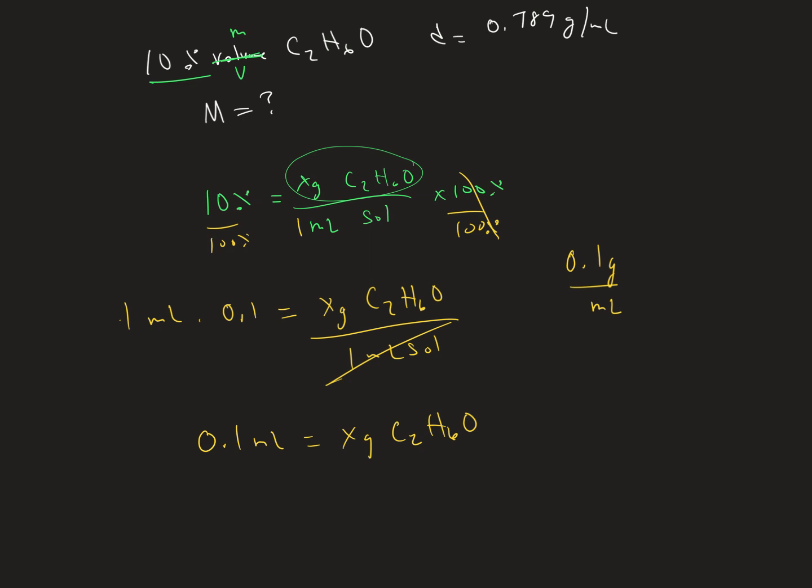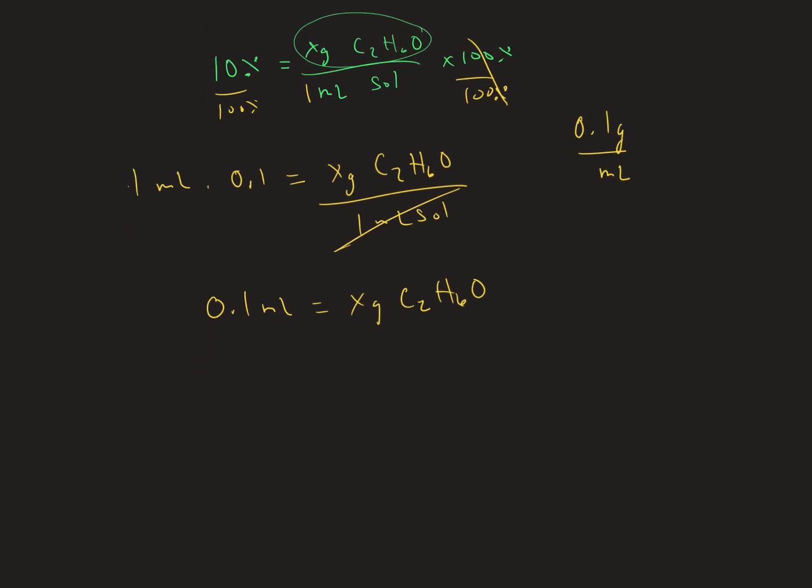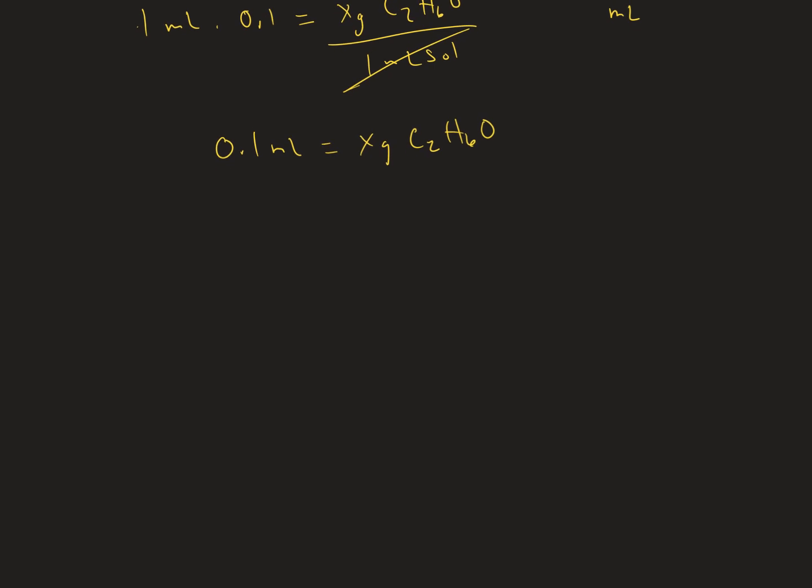Let's do 500 parts per million of KCl to mass percent. So what do we do? Put that into our parts per million equation. 500.